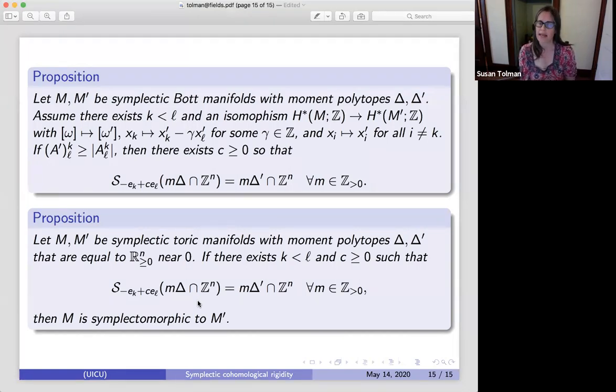It needs to send xk to xk prime minus gamma xl prime for some gamma in Z. And it needs to send xi to xi prime for all i not equal to k. So again, this is exactly the form I had before. Now I have the slightly annoying technical condition.